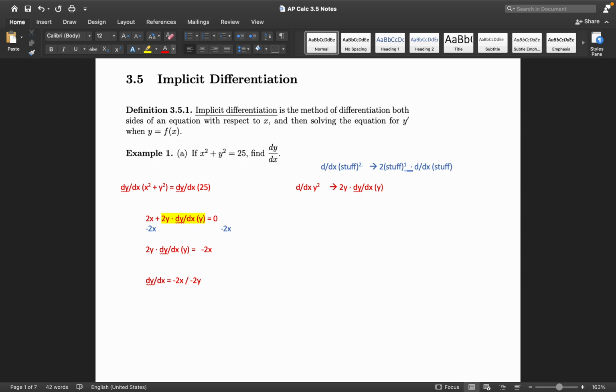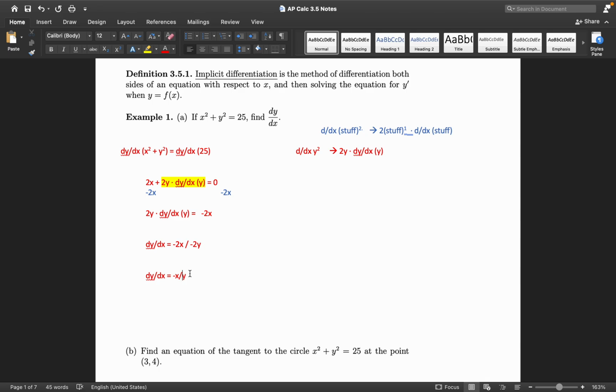So our derivative of y is negative x over y. So our derivative of y with respect to x is the expression negative x over y.